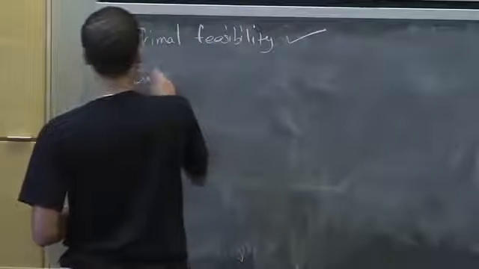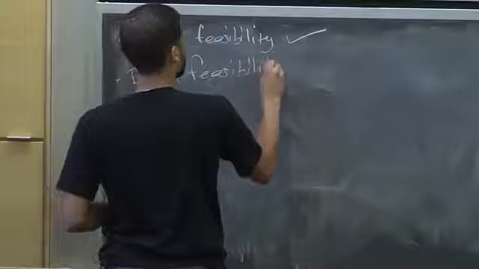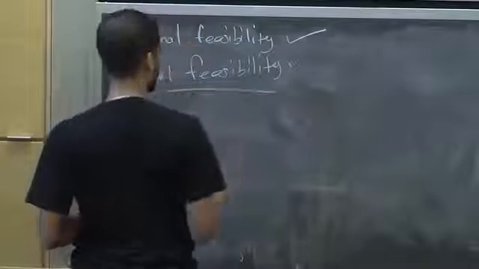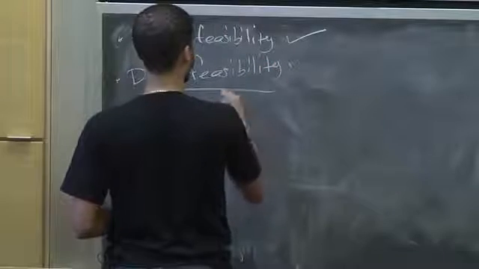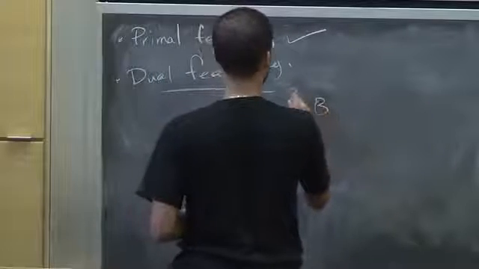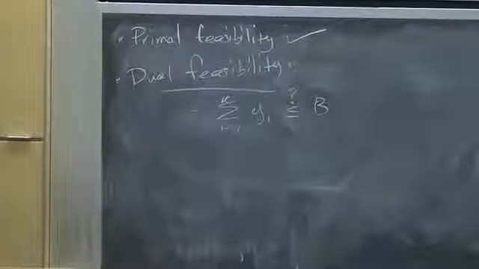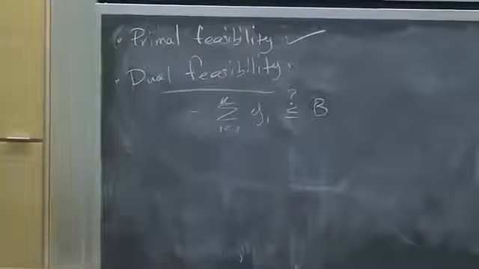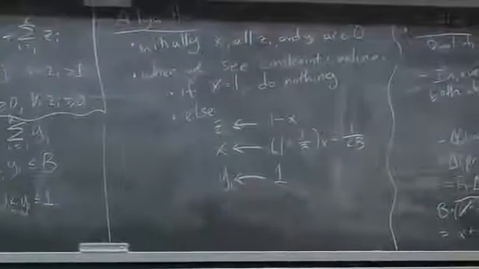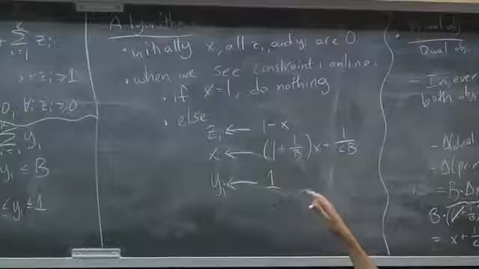And then we have dual feasibility. We need to ensure that the sum from i equals 1 to k of yi is at most b. Okay, well, how many times do we set yi to 1? Well, we do that as long as x is less than 1.